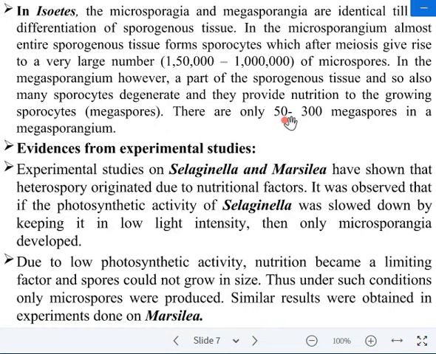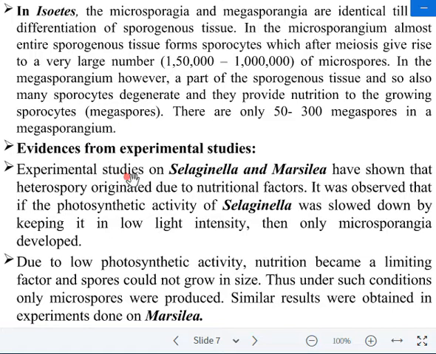In the case of the megasporangium, only a limited number of megaspores are produced, up to 50 to 300. So you can see a big difference between the number of microspores and megaspores produced, which indicates the heterospory tendency in Isoetes. Always in heterosporous plants, a large number of microspores are produced and a limited number of megaspores.